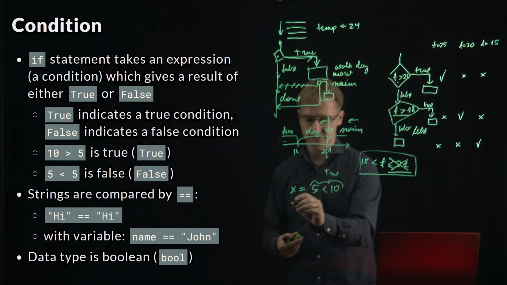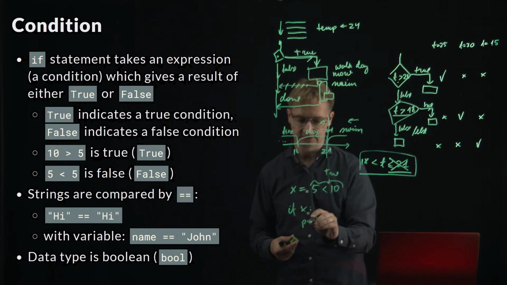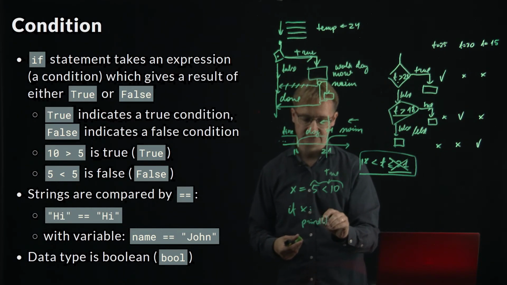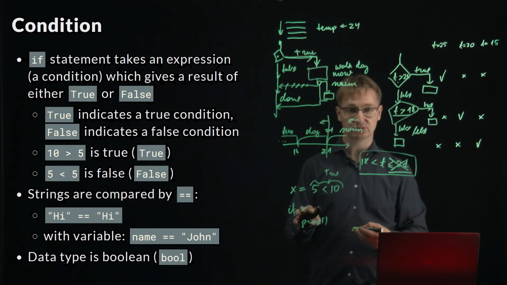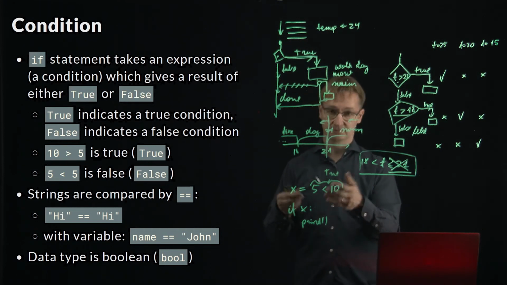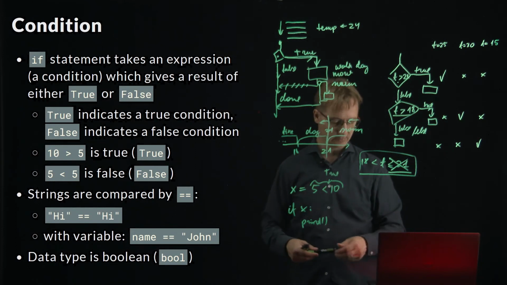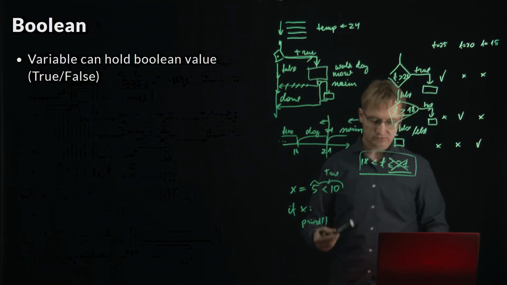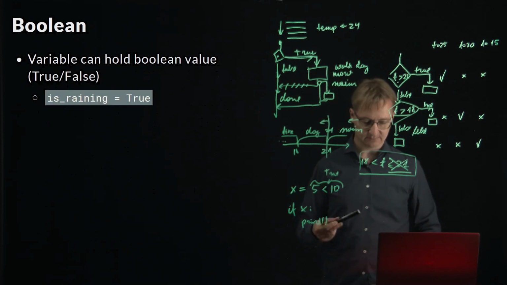And I could write if x, then do something, print something out, and so on. So basically I should have a Boolean value here. It can be a variable, it can be a Boolean expression, and so on. So Boolean expressions or values can be stored in a variable.